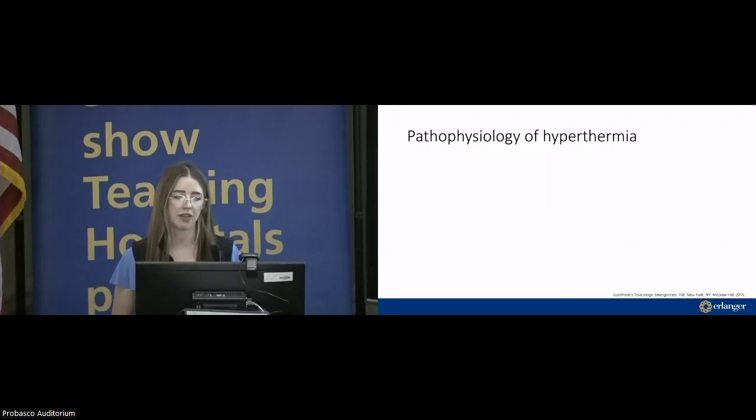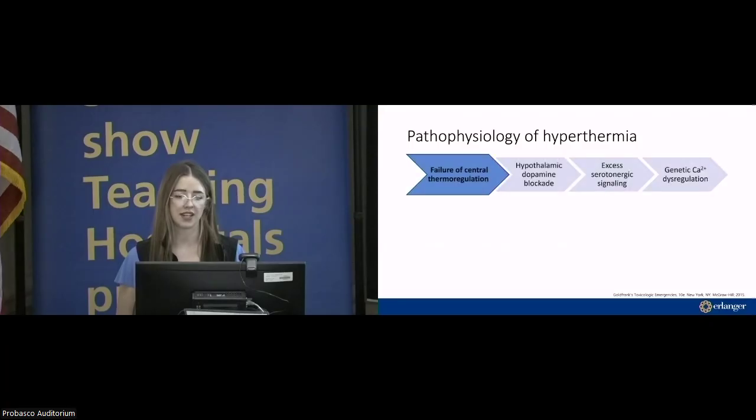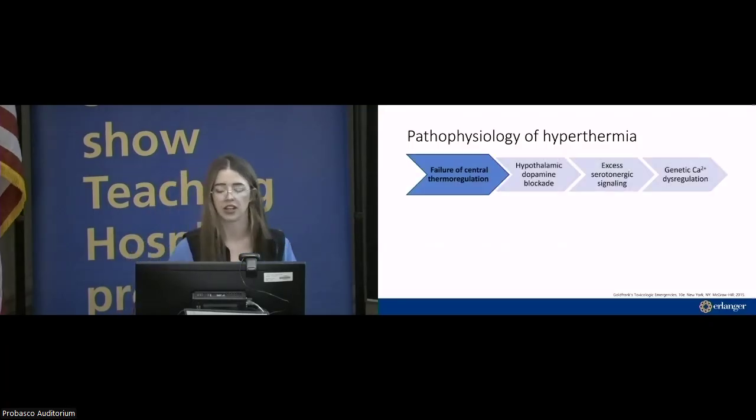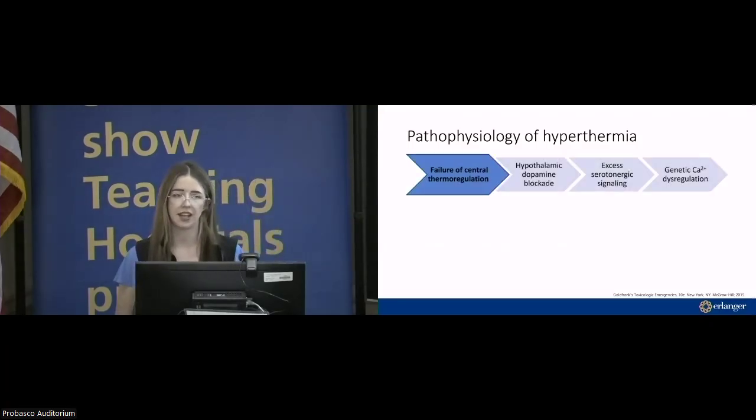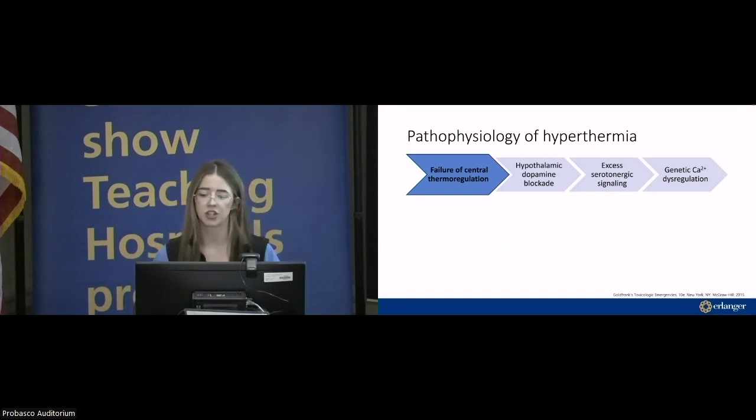Let's first talk about the pathophysiology of hyperthermia. Hyperthermia reflects an imbalance between heat production and heat dissipation, and we can categorize it into three major mechanisms. The first mechanism is the failure of central thermoregulation, like dopamine blockade in neuroleptic malignant syndrome or excess serotonin signaling.